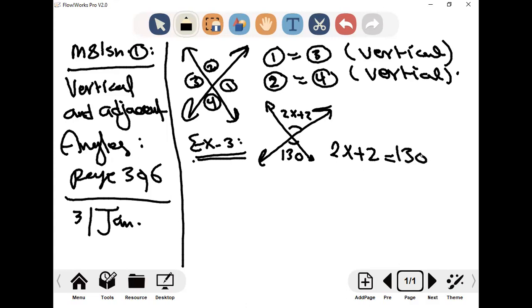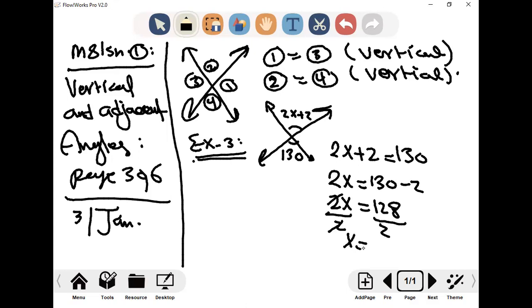This equation we call two-step, shift and divide. 2x equals 130 minus 2, which means 2x equals 128. I wrote the equation and I solved it.